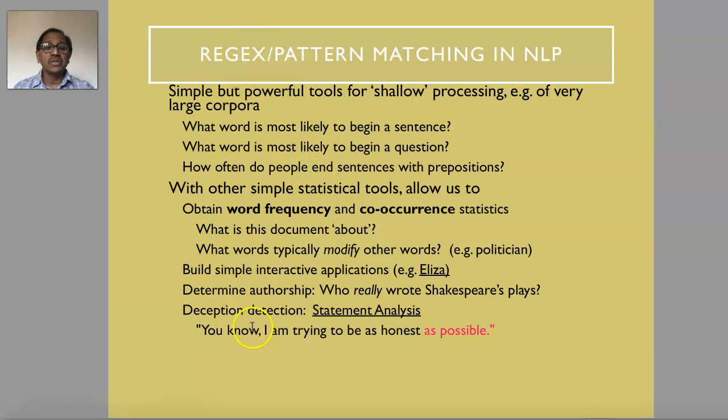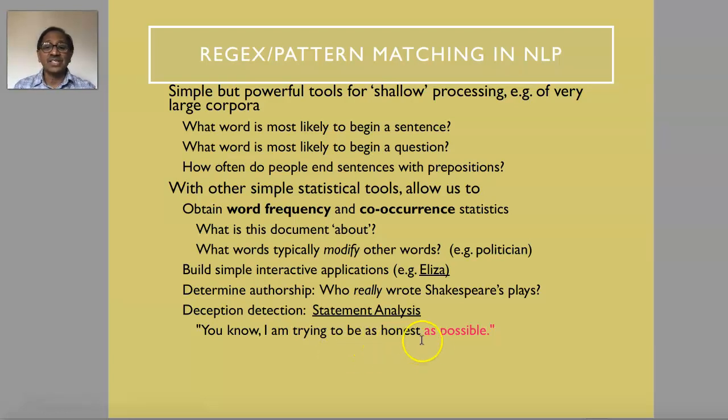You can also understand deception detection, that is statement analysis. Say, "I am trying to be as honest as possible." Is he saying that he is honest? No. He's saying that he is trying, which we already know.